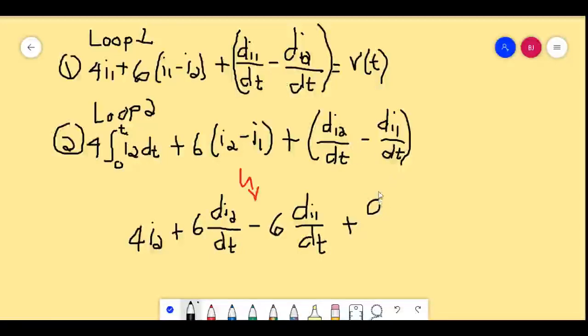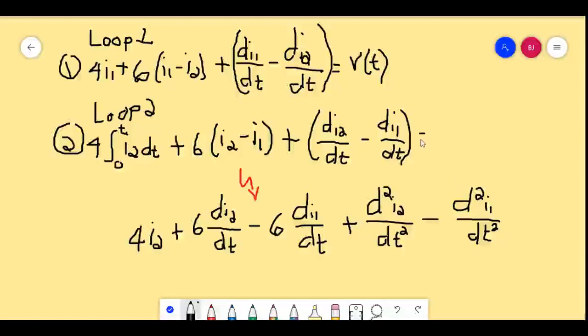Next, we'll have the second derivatives of both of these. So d squared I2 over dt squared minus d squared I1 over dt squared.